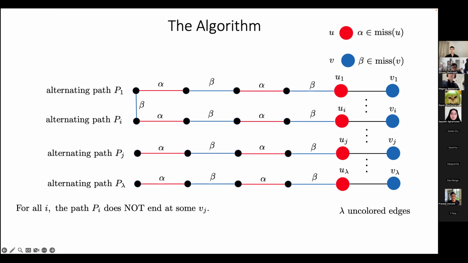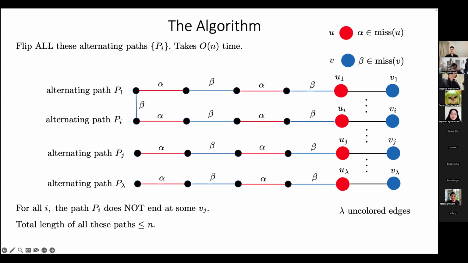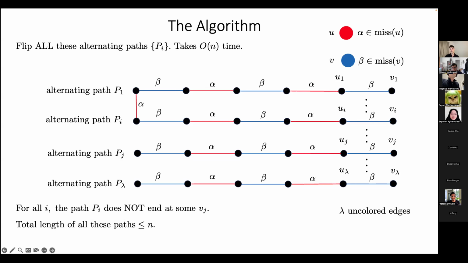And this means that we can flip all of these paths in parallel, and their total length is just going to be big O of n, because the subgraph of all of these alpha beta edges is just a bunch of vertex disjoint paths and cycles. And after flipping all these paths, blue is available at all of these nodes, and then we can just color in these edges with blue, and we're done. We've extended the coloring to all of these edges in only n time. This can be done very easily.